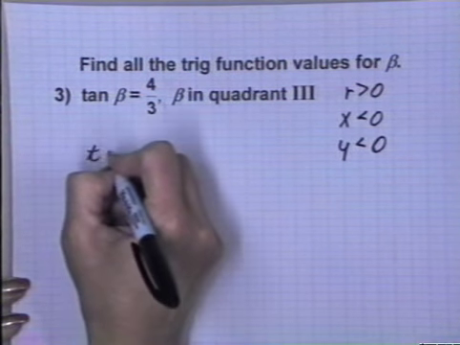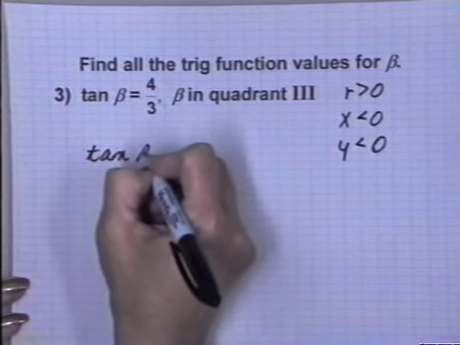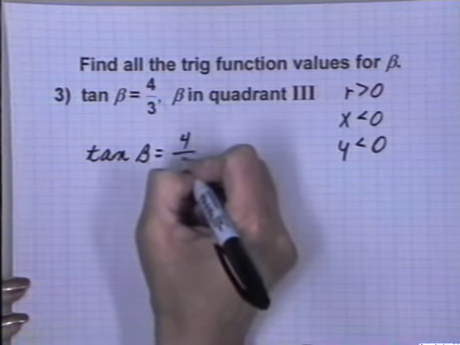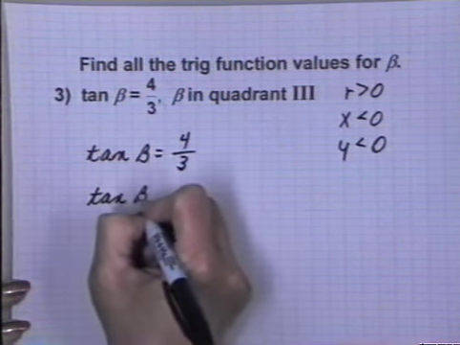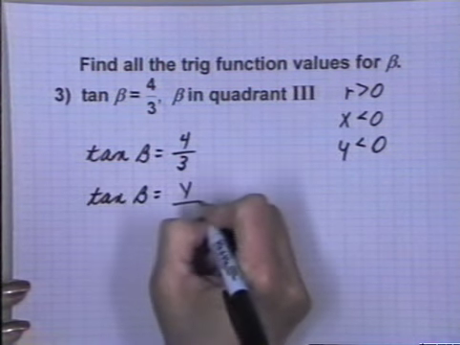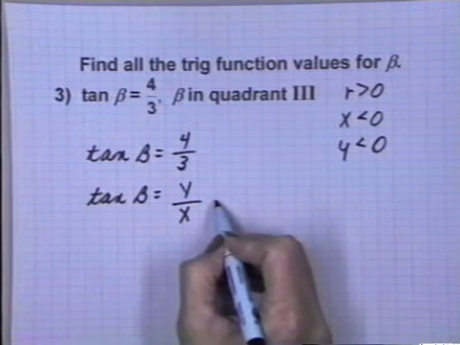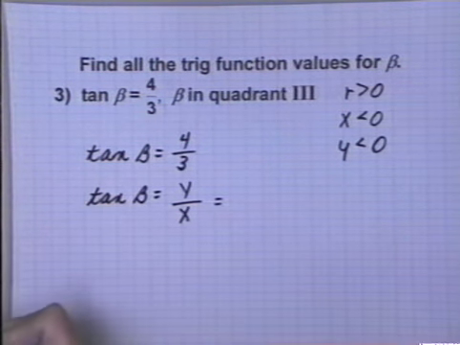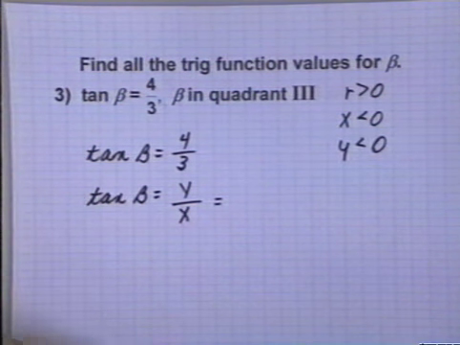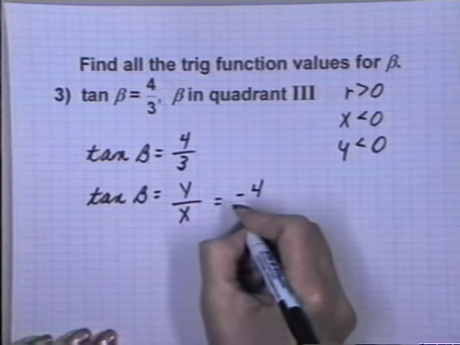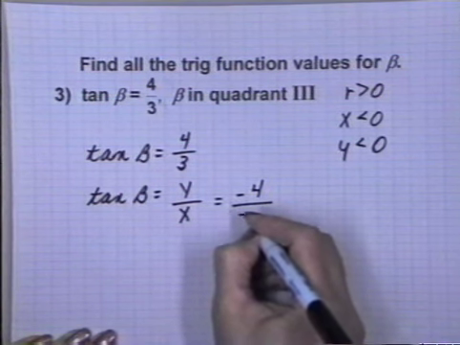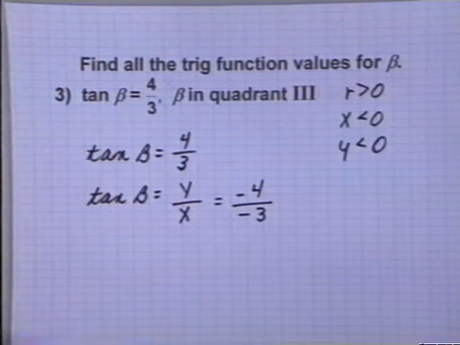So if we're told that the tangent of beta equals 4/3, we know that the tangent of beta is y divided by x, don't we? And so since it is a third quadrant angle, and since the x's and y's are negative, that means that our y in this case must be -4 and our x must be -3.